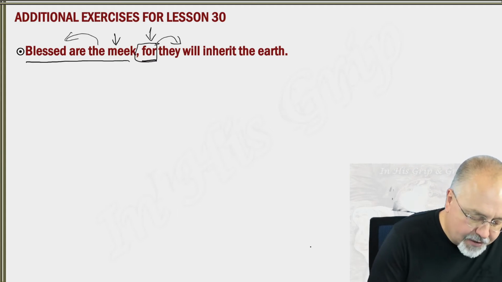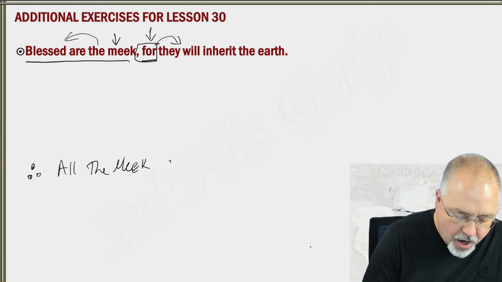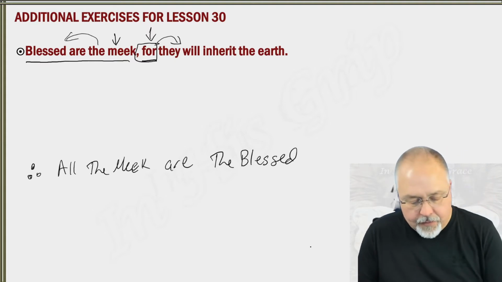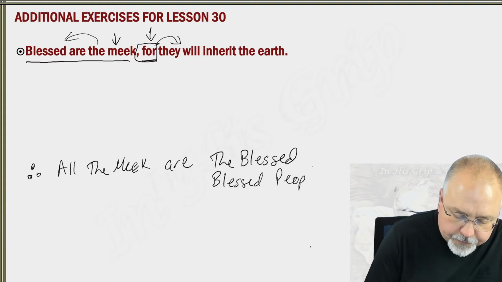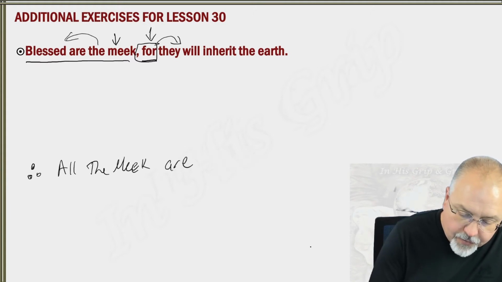So we would translate this, and this is our conclusion: therefore, all the meek are blessed people. That sounds a little better. So let me erase this. Let's rewrite it.